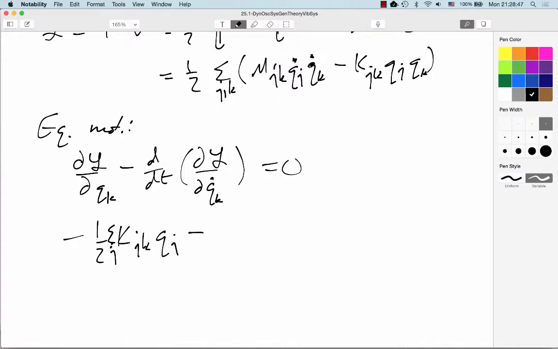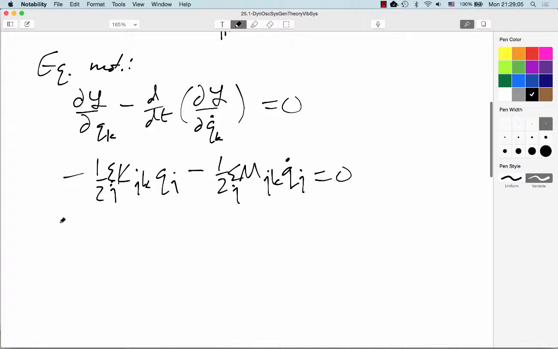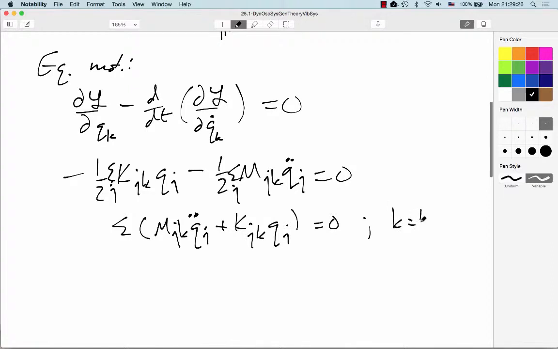And then differentiating with respect to time makes dot double dot, so minus 1/2, again sum over j, m jk qj double dot, and that's going to equal 0. So I can certainly multiply through by -2 to make it a little prettier. So this becomes the sum of m jk qj double dot plus k jk qj equals 0, letting our k run from 1 to n, our total degrees of freedom.